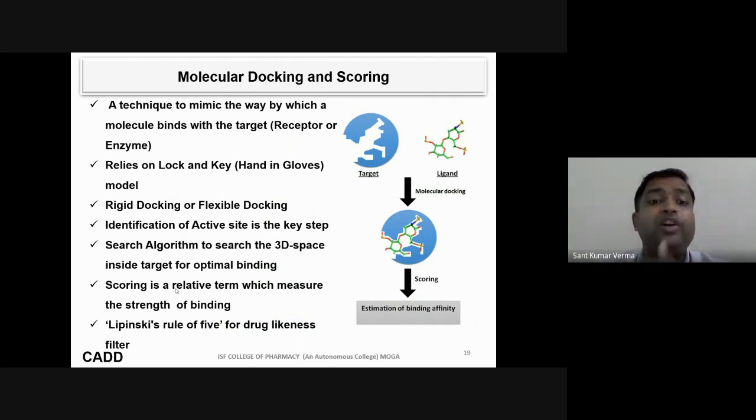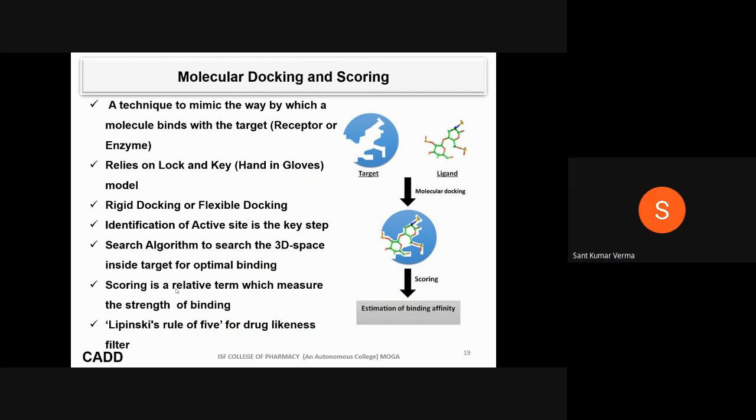So the software based on flexible docking is costlier and more accurate compared to rigid docking, because the receptors of our body are not fixed, they exist in different conformations, and software which predicts the flexible conformation of the ligand is more appropriate compared to rigid docking.